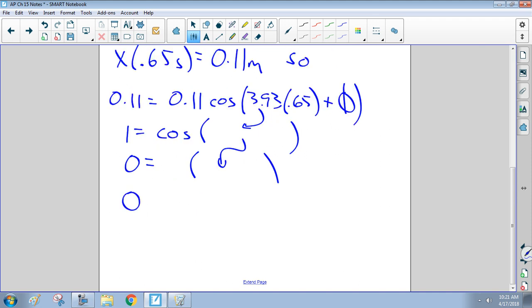Which means that phi needs to be negative whatever 3.93 times 0.65 is. So what's that give us? Times 0.65, it gives you about negative 2.55 radians. Good?